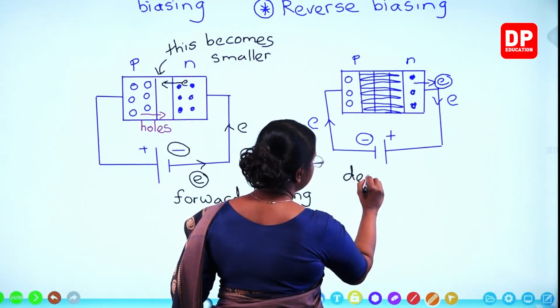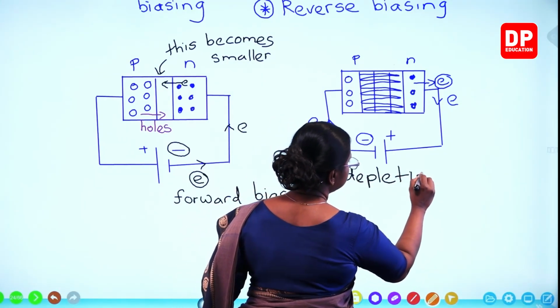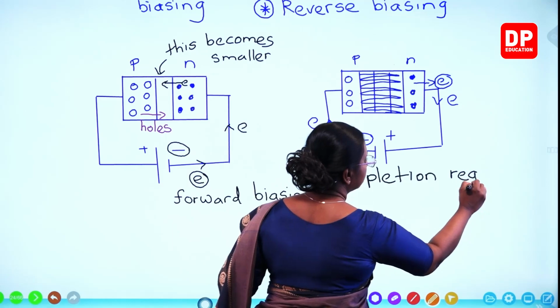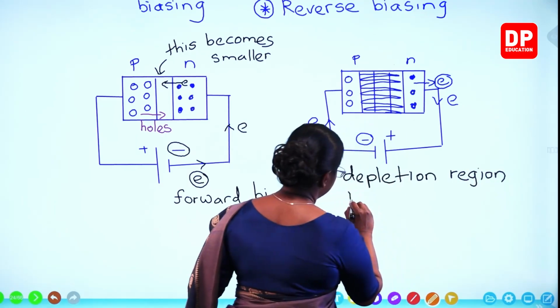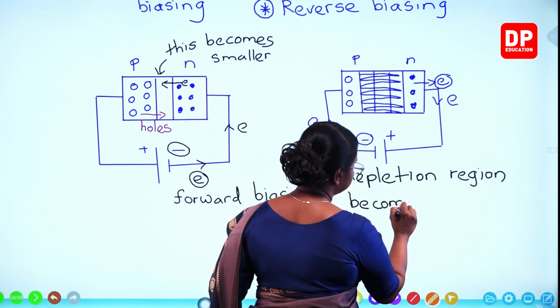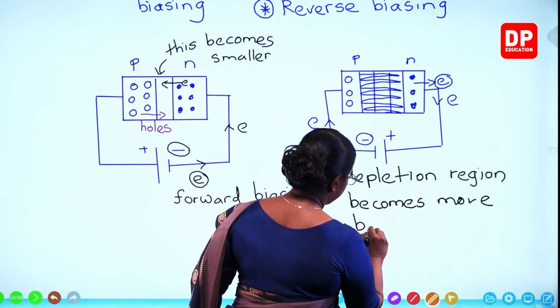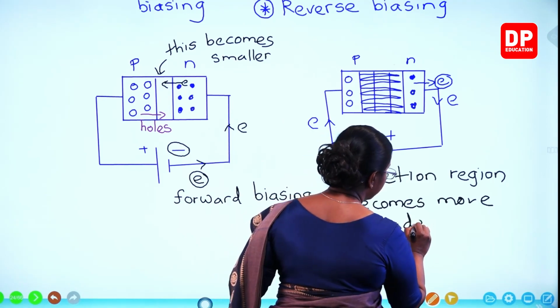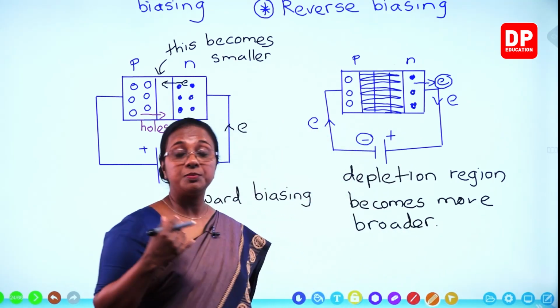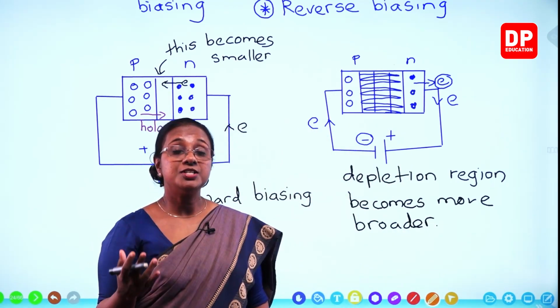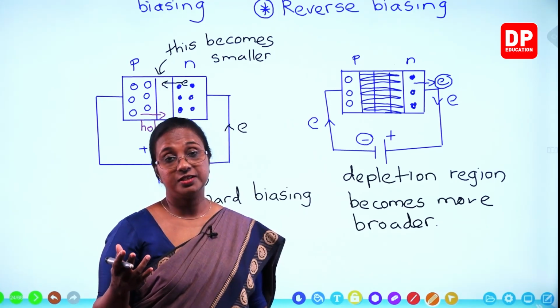So depletion region becomes more broader. So more broader means what happens to the potential barrier? Potential barrier increases further.